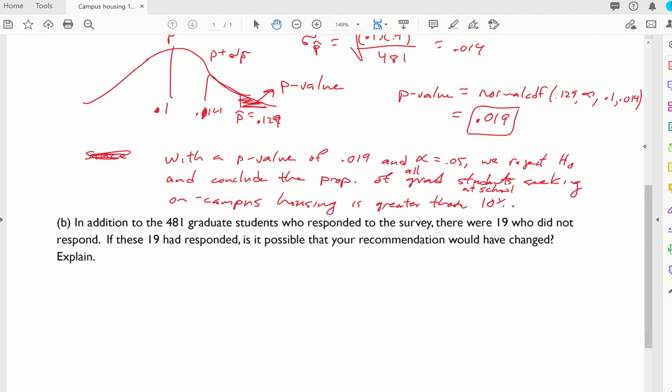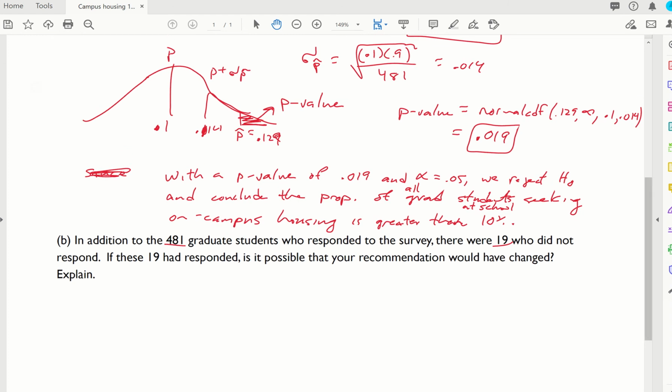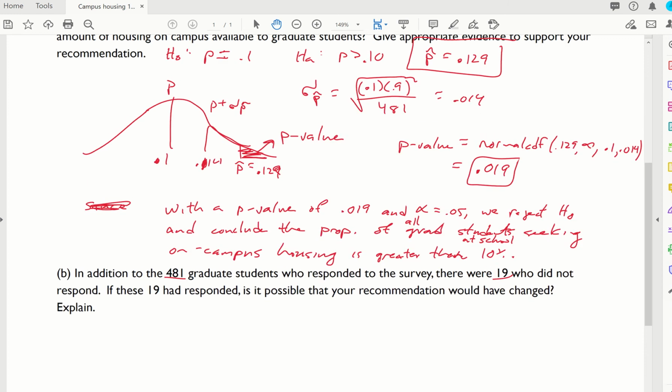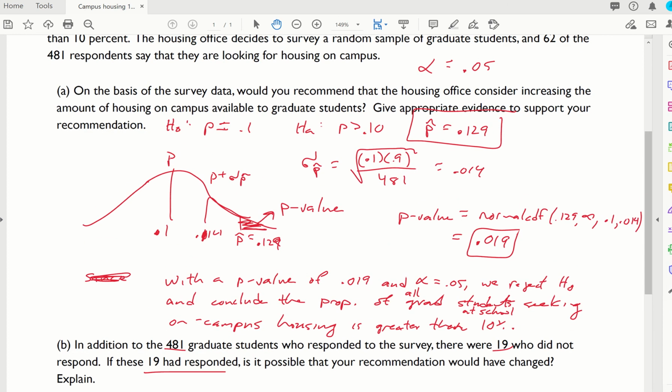Okay, so in addition to the 481 grad students who responded to the survey, 19 did not. If the 19 had responded, is it possible the recommendation would have changed? We've seen a question like this before, and the idea is we're going to throw all of these people into the same kind of pot. In this case, we had conclusive evidence that the percentage of students looking for on-campus housing was greater than 10%.